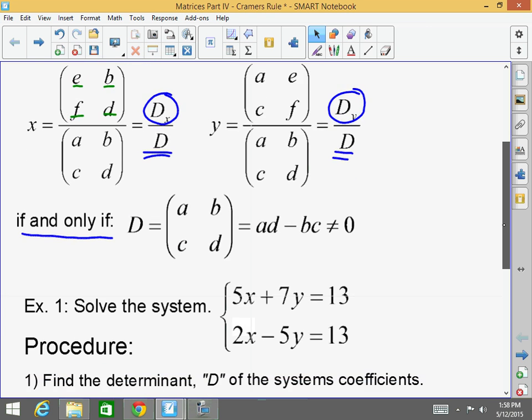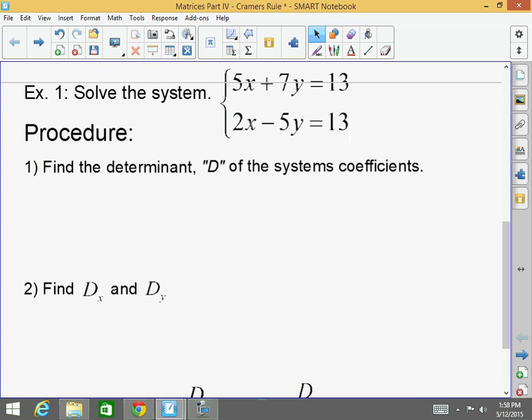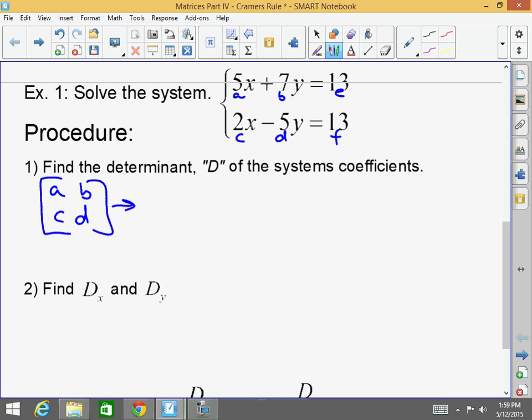Now, a lot easier when we actually do a problem. So straight up, let's first find the determinant D of the system. Remember that this is my A, B, C, D, E, and F, okay? So my main determinant will always be A, B, C, and D. So my main determinant here, my matrix is 5, 7, 2, negative 5.